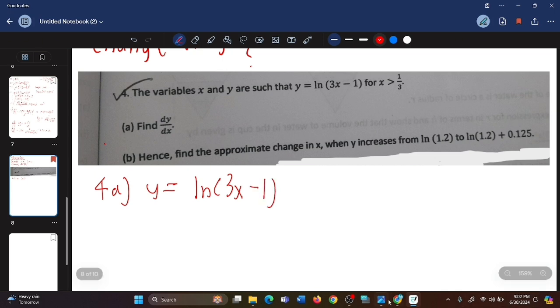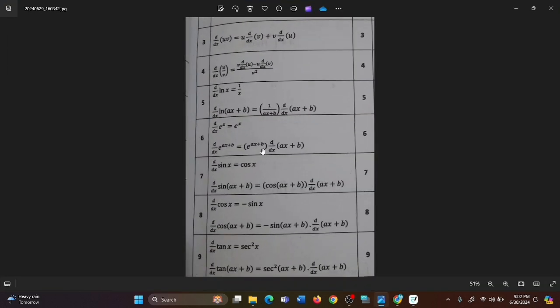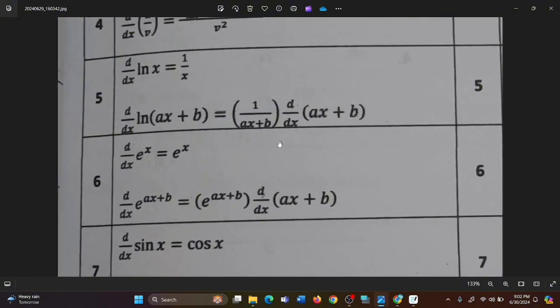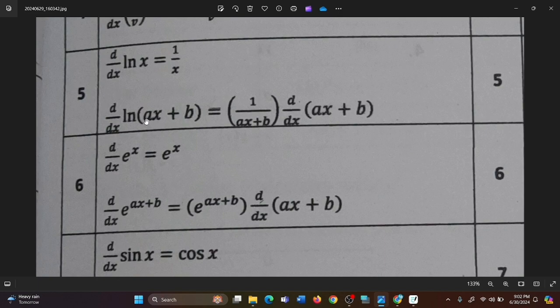If we look at the formula list, we differentiate equations that contain ln using formula number 5. I have provided the formula list in the first video where I taught differentiation. You can look there. For ln(ax plus b), we write 1 by whatever is in the bracket, then multiply the entire thing by the derivative of whatever is inside the bracket.